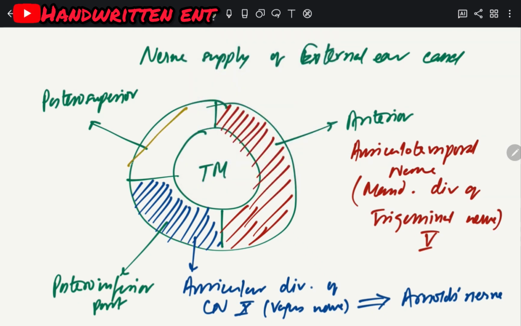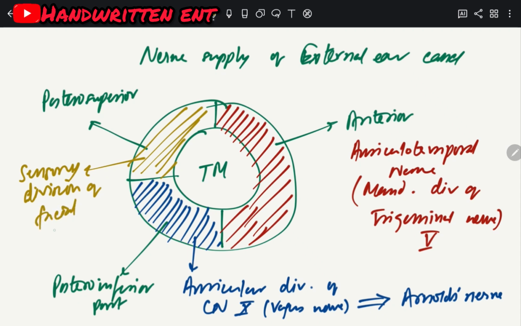And the posterior-superior part of the external ear canal is supplied by the sensory division of facial nerve.